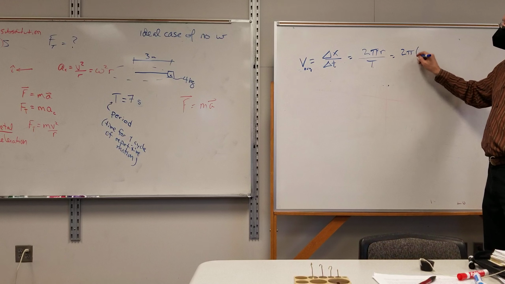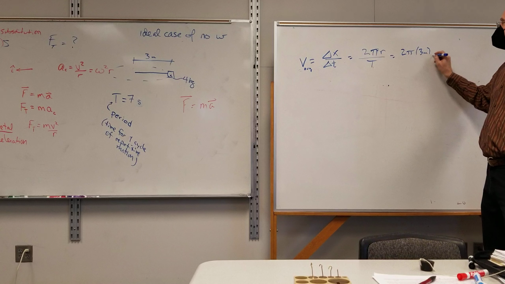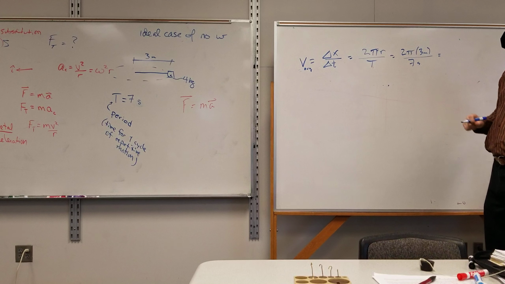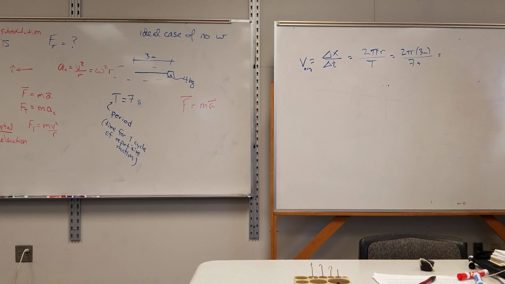So this is 2 pi times 3 meters divided by 7 seconds. And we get 2.69 meters per second.